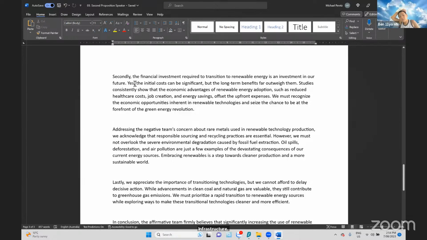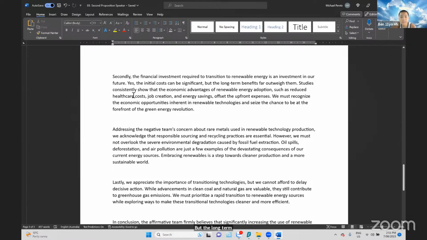Secondly, the financial investment required to transition to renewable energy is an investment in our future. Yes, the initial costs can be significant, but the long-term benefits far outweigh them.